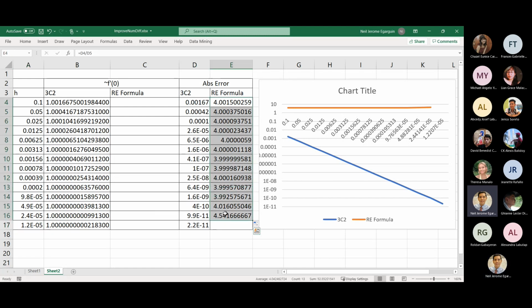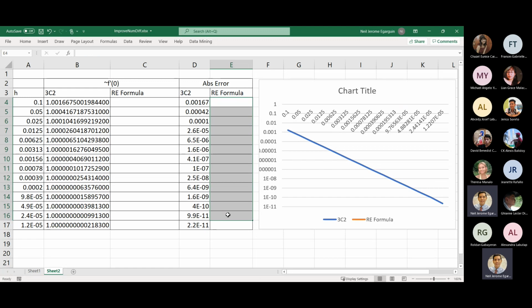Okay? Now apply the Richardson extrapolation formula that we derived. It's in the column for the RE formula. Remember from the module, we know that the formula would be this. It's equal to 4 times the estimate from the half step size, which is the one in the forward, minus the approximation using the original step size, all divided by 3.